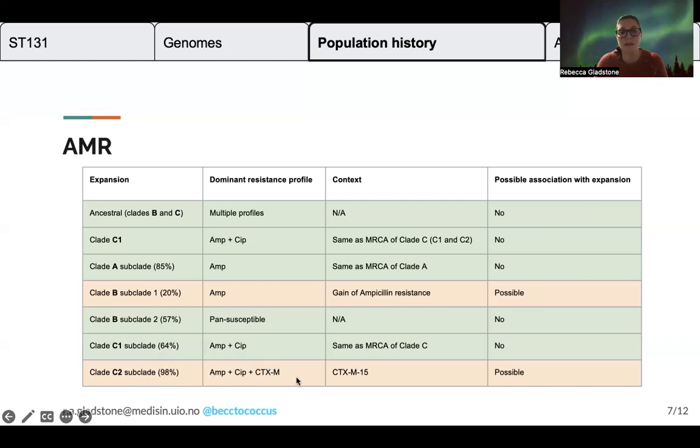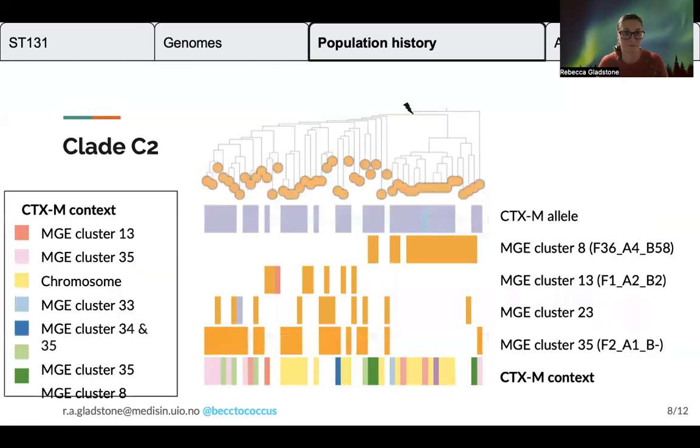The dominant resistor was ampicillin, ciprofloxacin resistant with CTXM gene. CTXM gene was the major difference between C2 and C1 that might have driven this expansion. So this is classed as possible. But in only 2 of the 7 was there any possible association with the expansion.